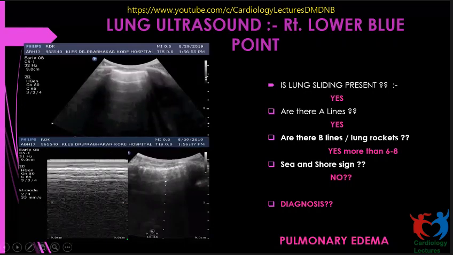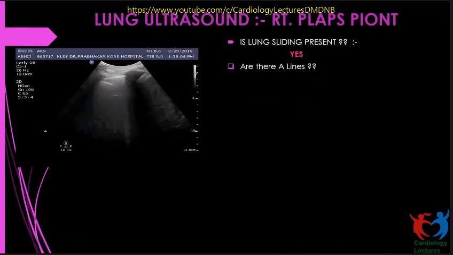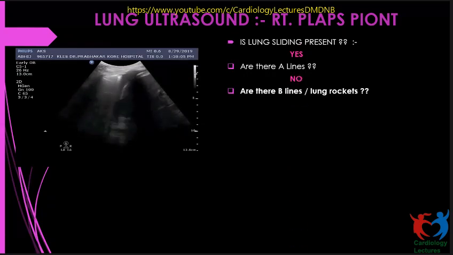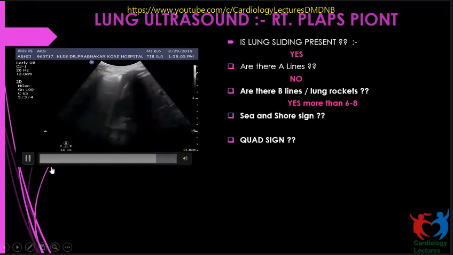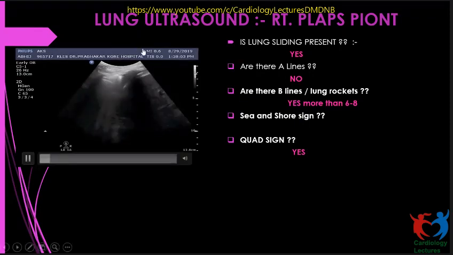Now here, is there lung sliding? Yes, there is lung sliding. Are there A lines? No. Are there B lines or lung rockets? They are there. Is there a seashore sign? We have to go for that M mode. Is there a quad sign? Can you see here? If you put a horizontal line here, and put this rib space border and the other rib space border, you will get a quadrangle there.